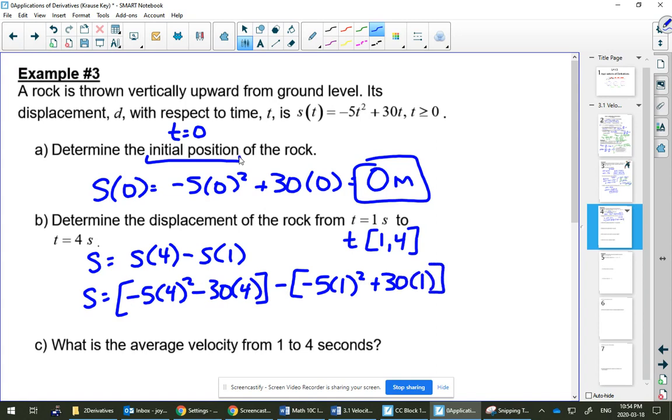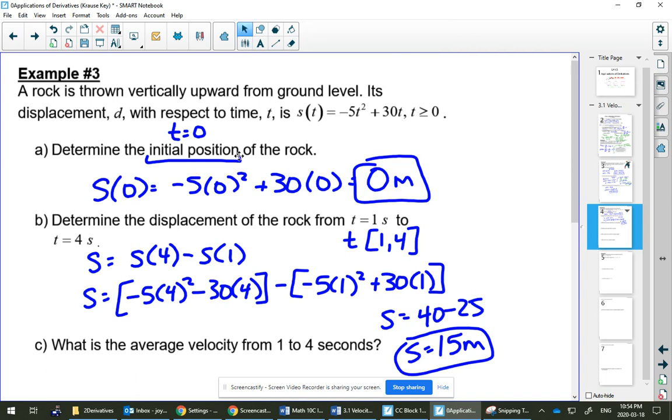So subbing in our values, we're going to get 40 minus 25, which is 15 meters. So the displacement between time 1 second and time 4 seconds is 15 meters.